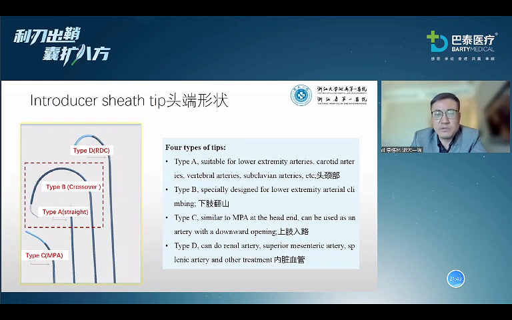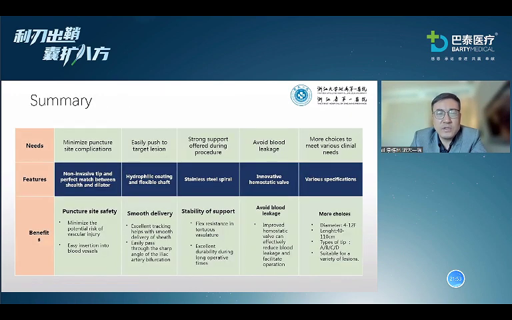It is also good for the regular arteries, SMA, and the splenic artery. We also need the curve there, and there is very good support, for the short sheath or long sheath. The tip is very safe.